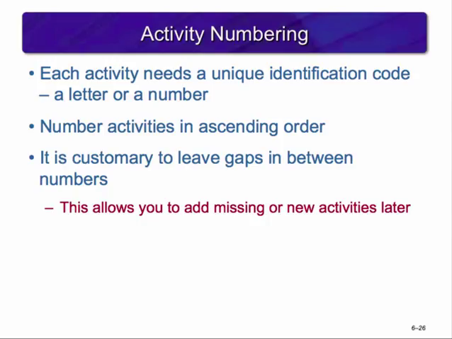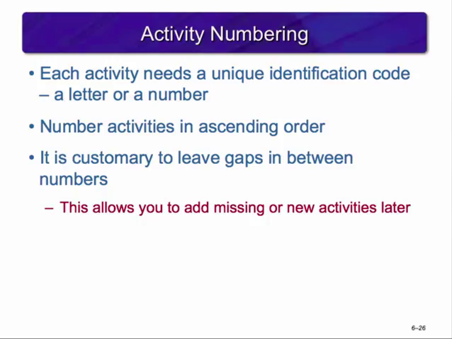Consider your activity numbering scheme when developing your network. Each activity should have its own unique identification code, usually a letter or a number. Most schemes number the activities in ascending order, that is, each succeeding activity has a larger number, so that the flow of the project activities is toward project completion.